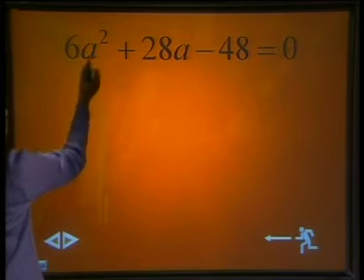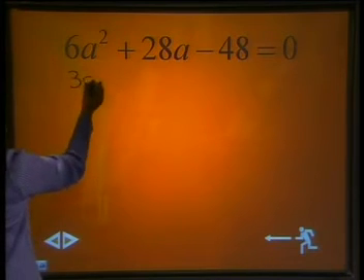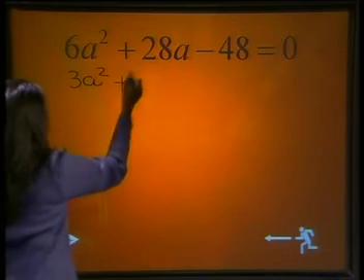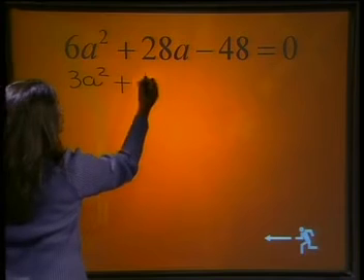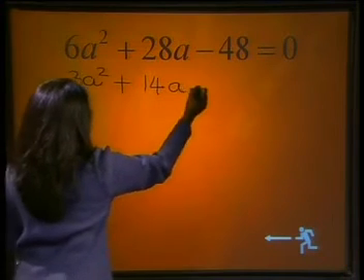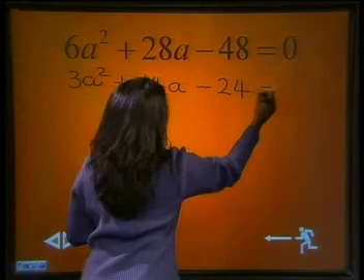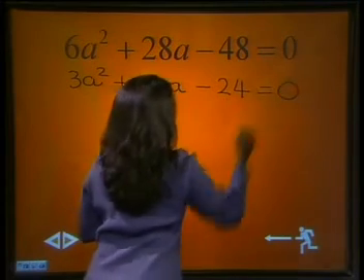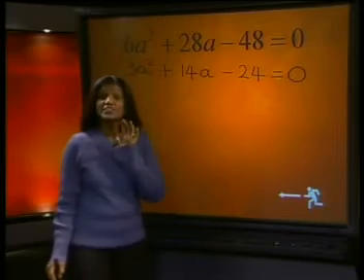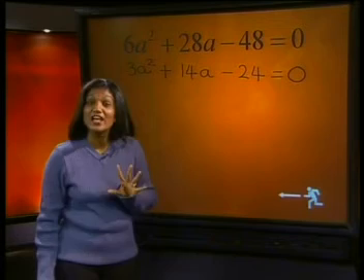6a squared divided by 2 gives me 3a squared. Plus 28a divided by 2 gives me 14a. 48 divided by 2 gives me 24. And 0 divided by 2 gives me 0. Now remember, 0 divided by 2 is still just 0.